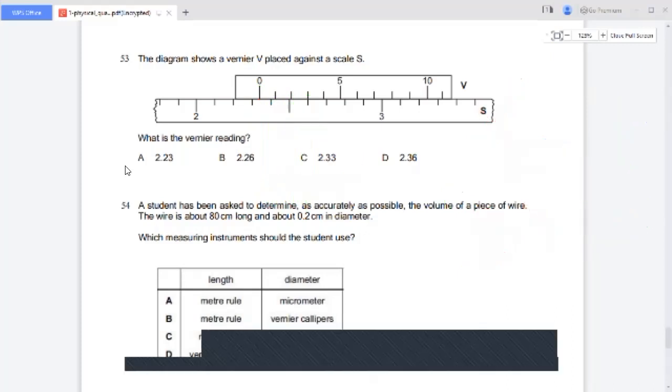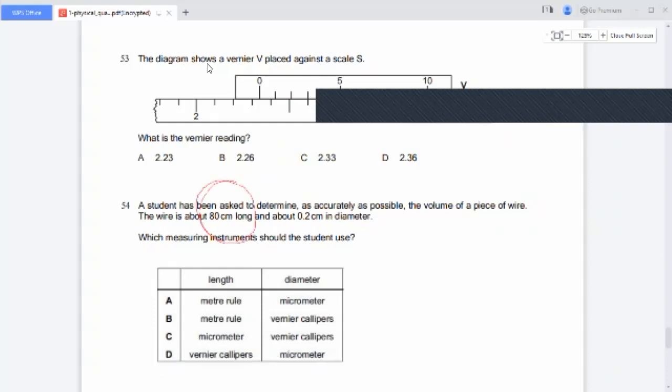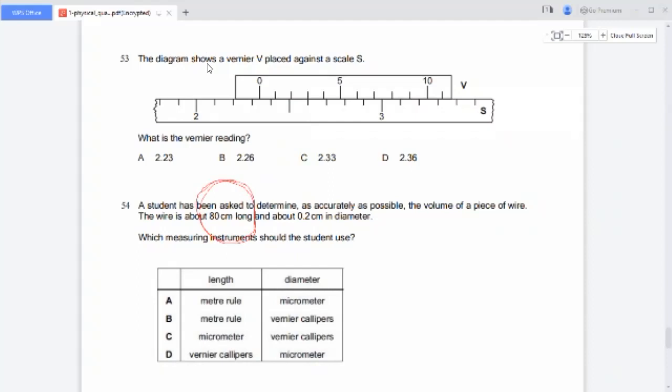Now number 54. A student has been asked to determine as accurately as possible the volume of a piece of wire. The wire is 80 centimeter long, so we can use a meter rule, and about 0.2 centimeter in diameter, so we can use a micrometer.